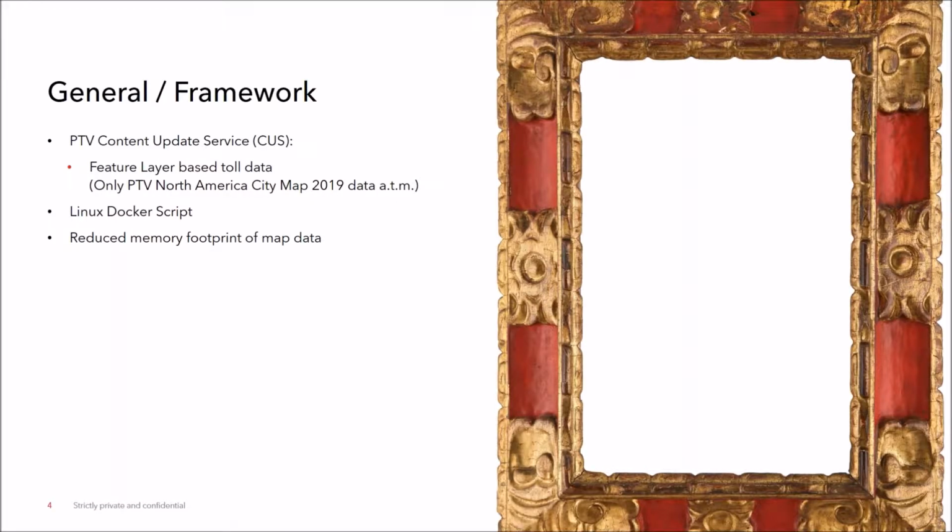We do have a new PTV content update service, and we now support feature layer based toll data. The feature layer based toll data is the upcoming new toll format. We already provide toll data in North America with this feature layer toll data, so that's already in place.